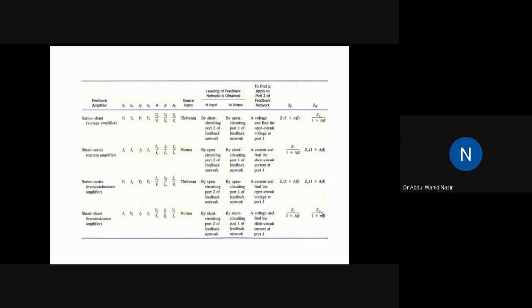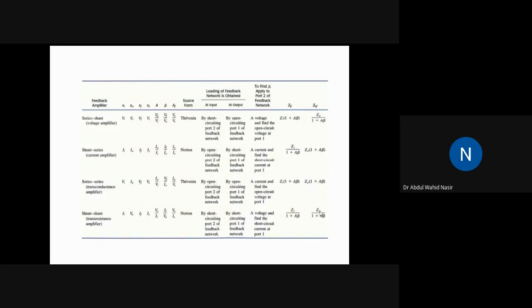Overall, we can see that if we use a negative feedback configuration suited to each topology, it is well suited for that system. For example, series shunt for a voltage amplifier, shunt series for a current amplifier, series series for a transconductance amplifier, and shunt shunt for a transresistance amplifier.